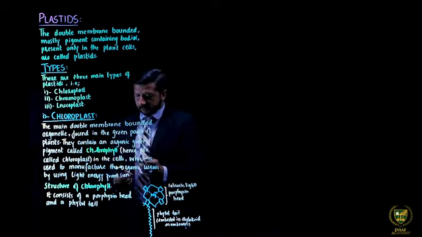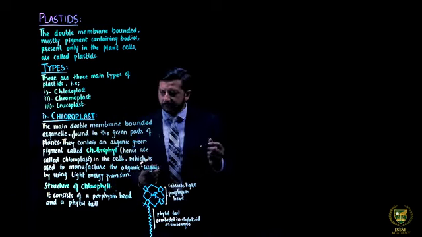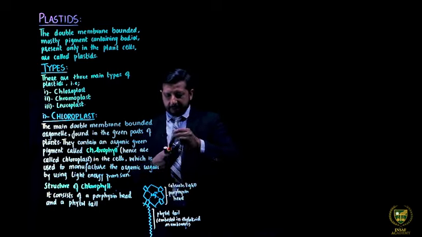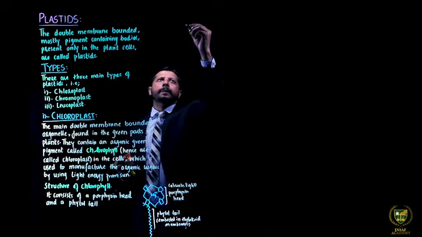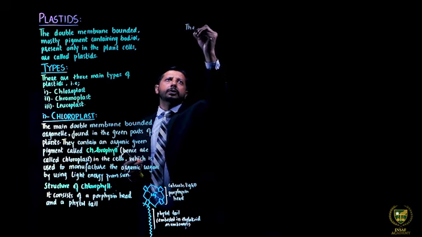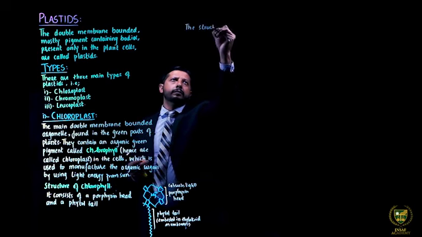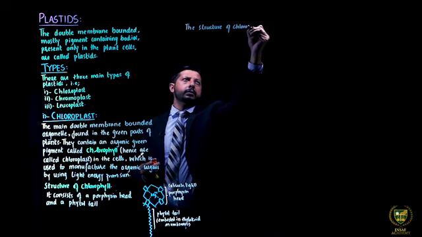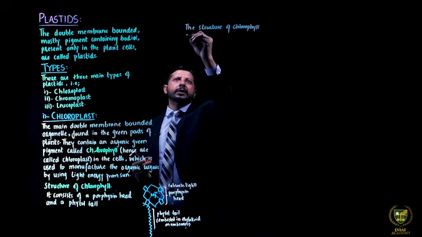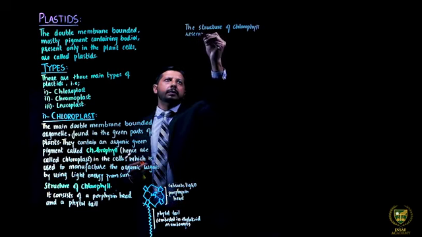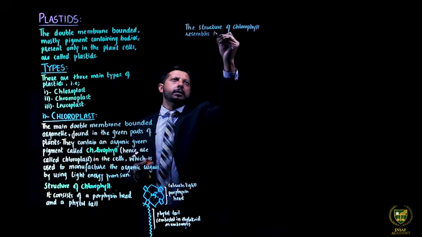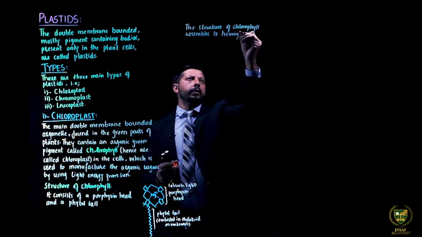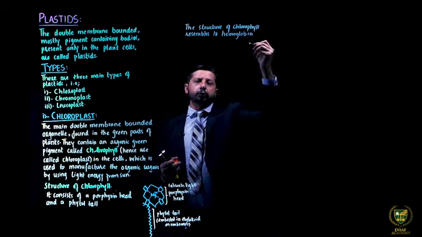As far as its structure is comparable, as in our book, it is given that the structure of chlorophyll resembles to hemoglobin. इसके हवाले से हम चैप्टर नंबर 2 में पढ़ चुके हैं.